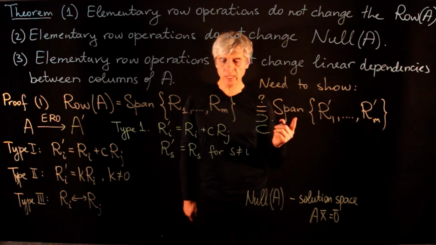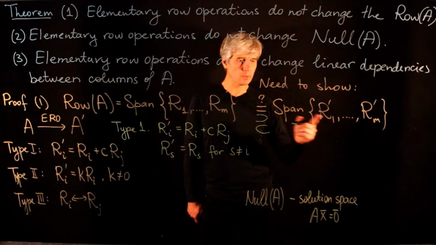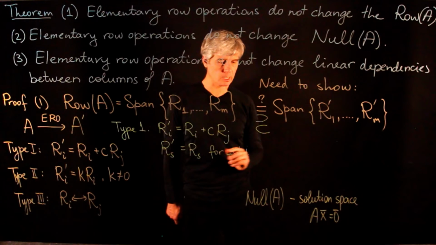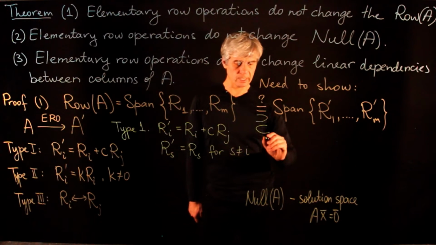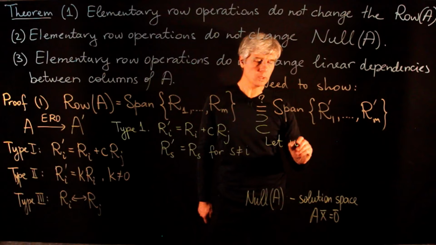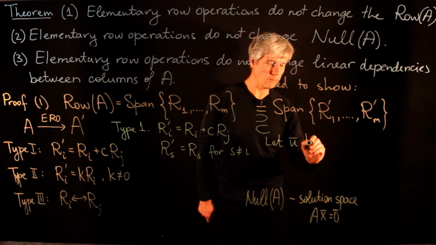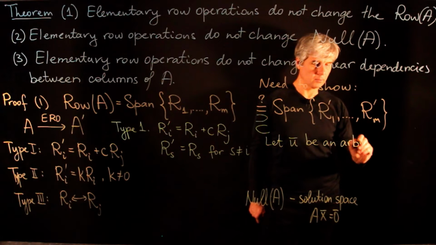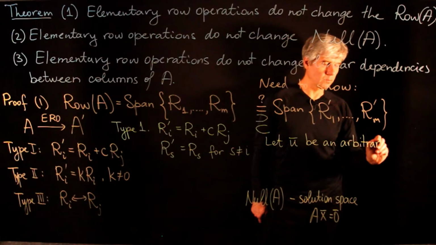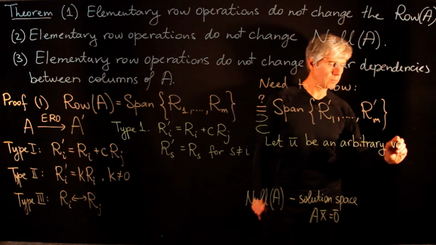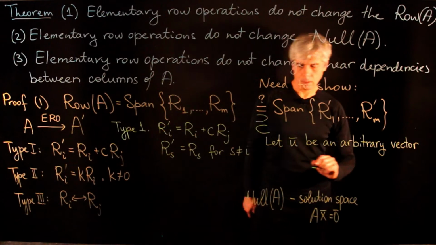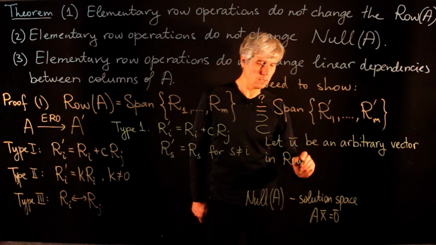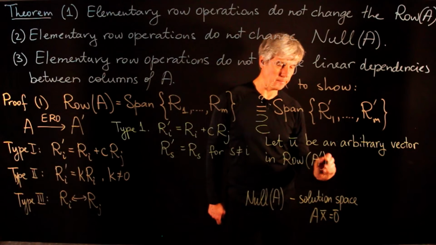So we take an arbitrary vector in this set, and we want to show that it belongs here. Let U be an arbitrary vector in the row space of A prime.